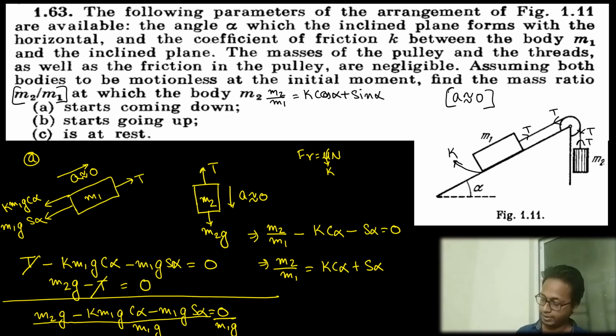Now in the second case, what will happen when the entire block is trying to slip in this direction? In case B, the direction of acceleration would be reversed. When the direction of acceleration is reversed, what changes out here?